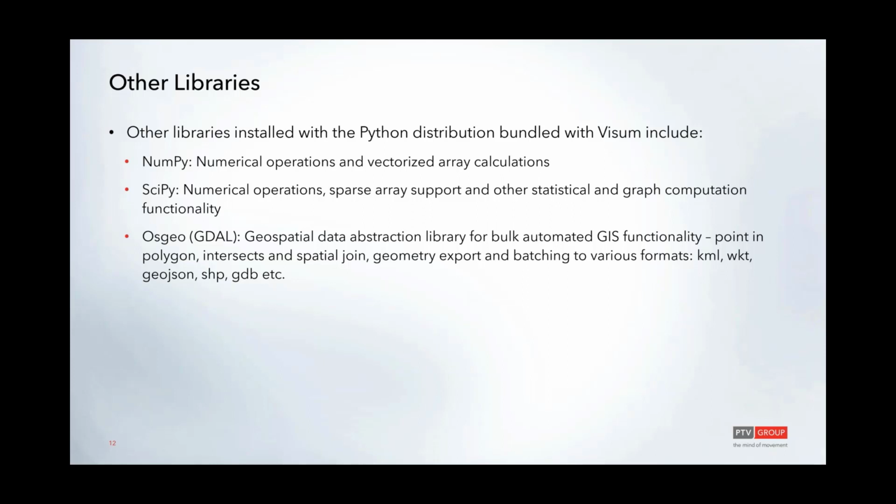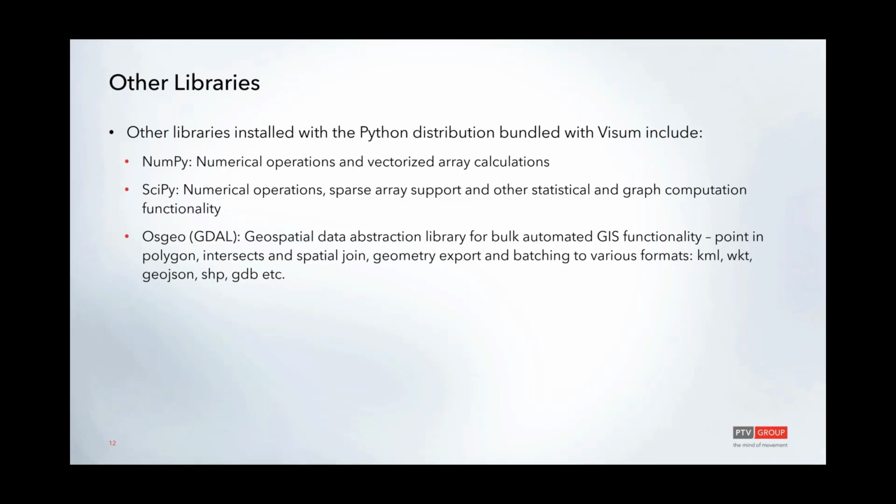It also supports other statistical and graph computational functionality. For example, it has various shortest path algorithms and such if you're working with some other sort of alternative data or you want to experiment with different accessibility calculations at a more disaggregate level for which a certain network object is not available in Visum, then you can use some of these methods within SciPy.